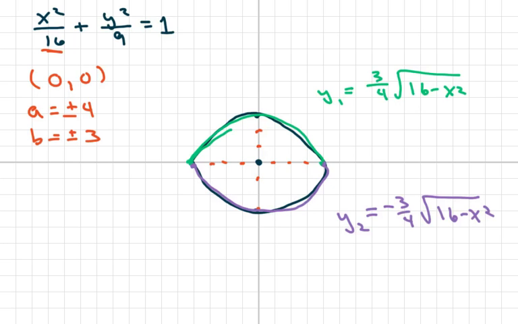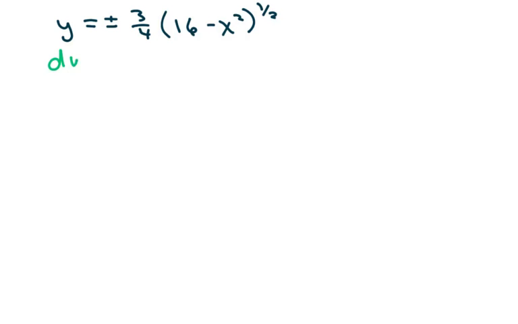Alright, now we have to differentiate explicitly. So, again, let's go back to the white paper. We have y equals plus or minus 3/4, and I'm going to go ahead and write this as 16 minus x squared to the 1/2. And I'm going to differentiate y with respect to x.